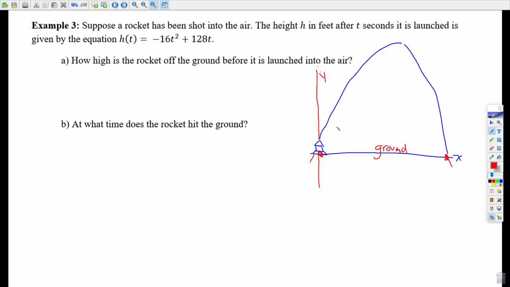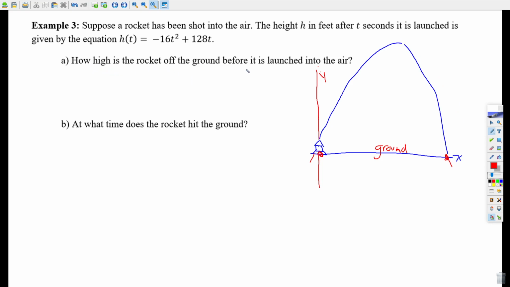So now that we have our little picture, we can answer the question, how high is the rocket off the ground before it is launched into the air? So what we're doing here is basically we're going to say 3, 2, 1, blast off, and the rocket's going to go into the air. When that happens, you're basically taking a stopwatch and timing how long it is going to take for it to go up into the air and then come back down and hit the ground.